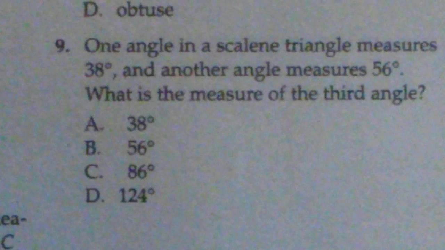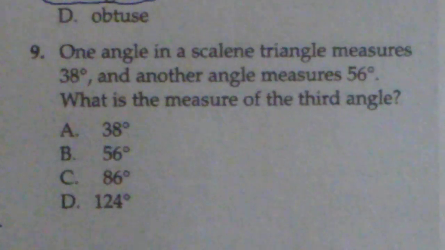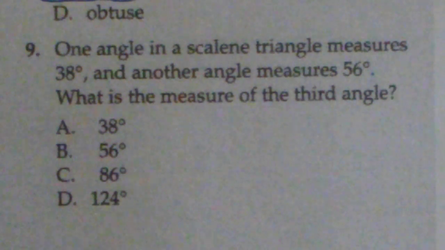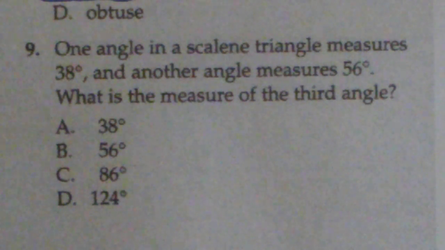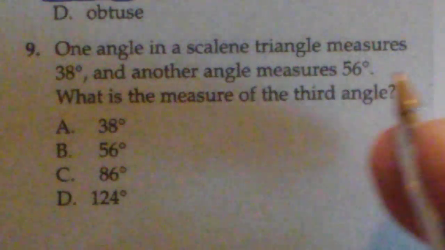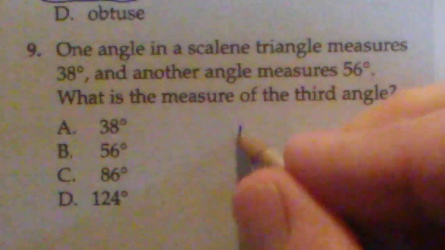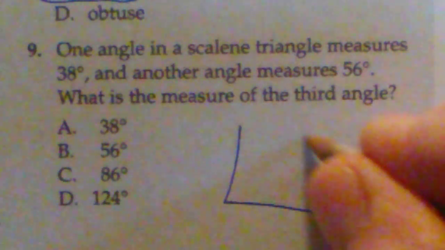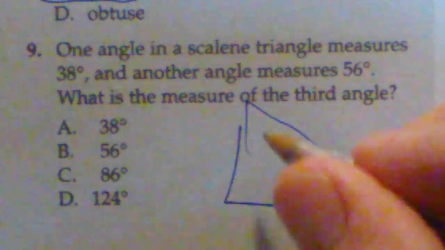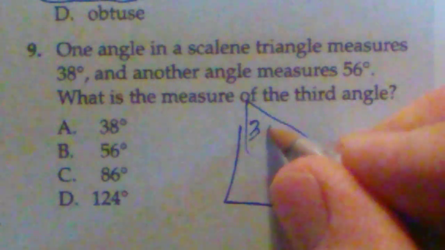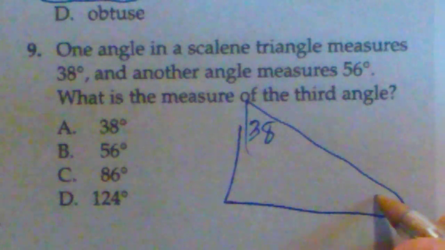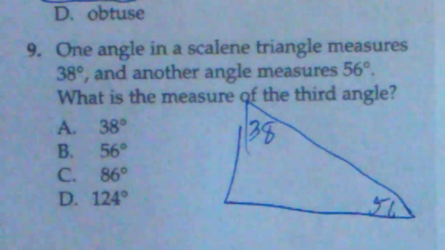Number 9. One angle in a scalene triangle measures 38, and another angle measures 56. Scalene means they're all different. So one is 38, and another one is 56. What is the measure of the third?